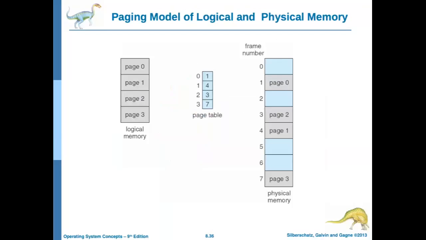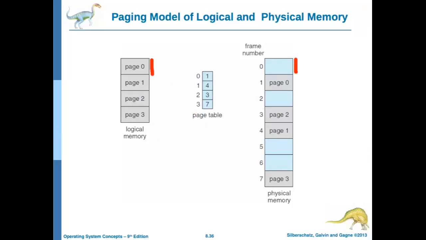Now how it looks is something like this. You need to understand that the size of this page and the size of this frame are exactly the same. Suppose there is one process with 4 pages, and these 4 pages can be loaded anywhere.